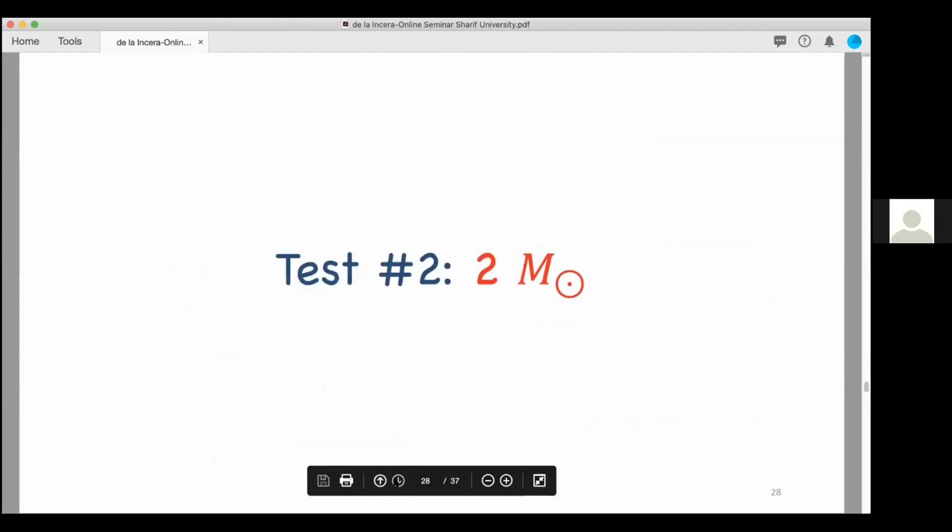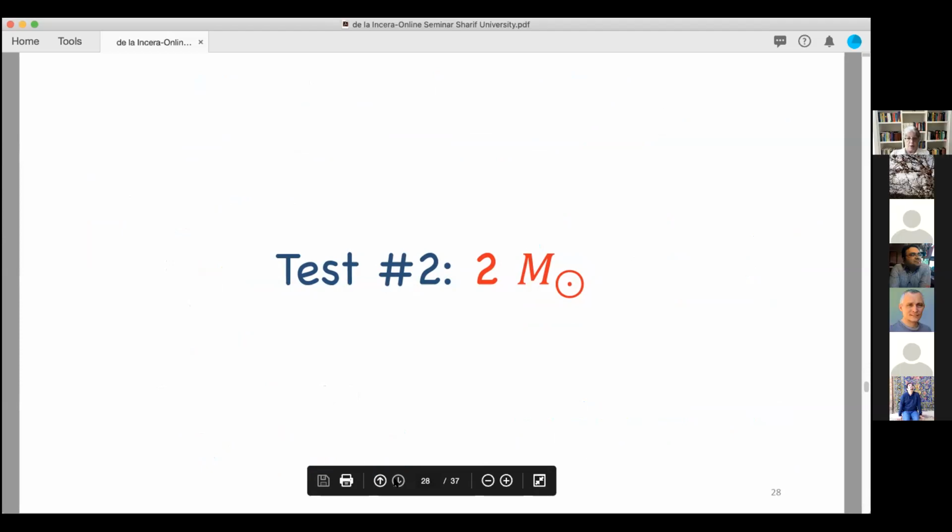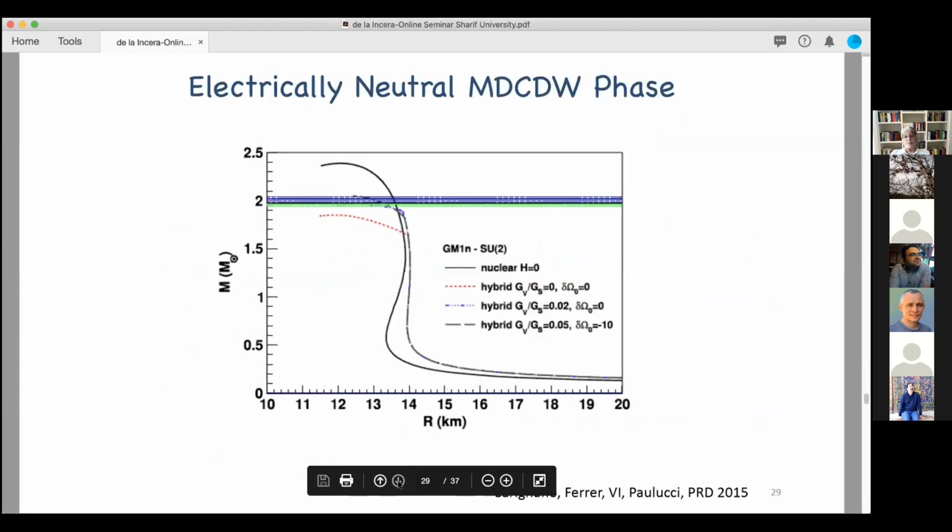Test number 2 is, how about the two solar masses? We know that there are stars of the order 1.97, maybe a little bit even more than that from some recent measurements, observations. So can the MDCDW phase be compatible with that or not? And the answer is yes.